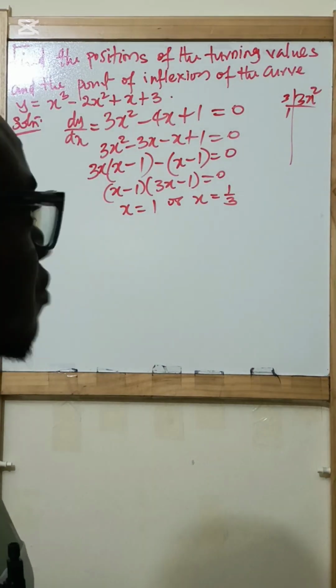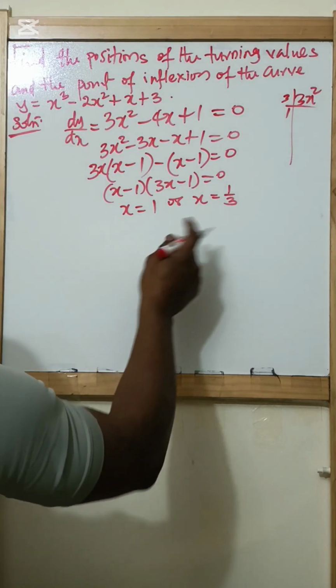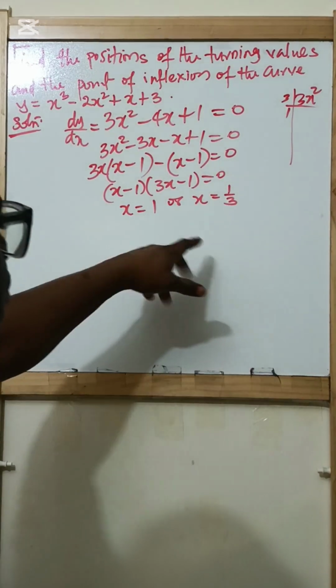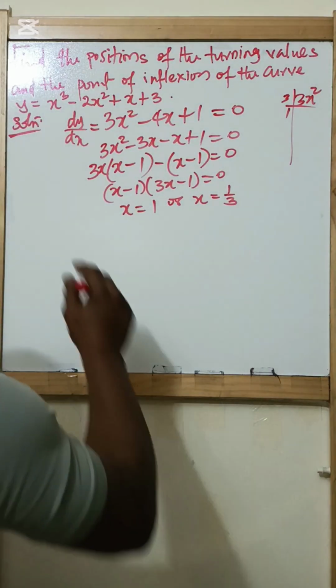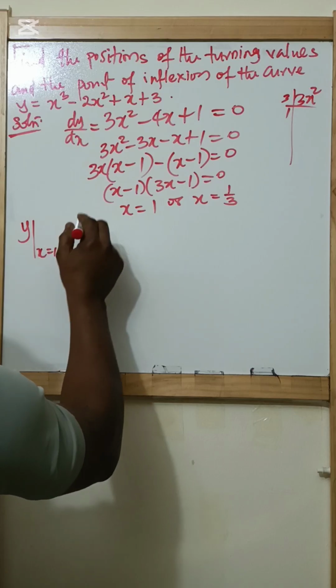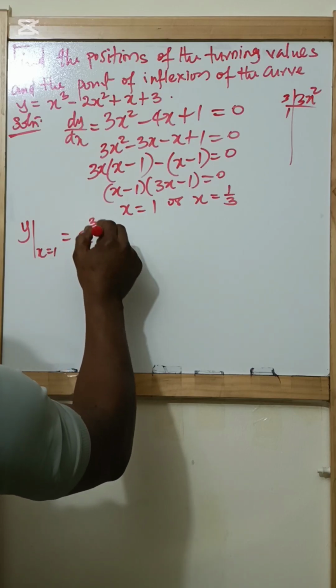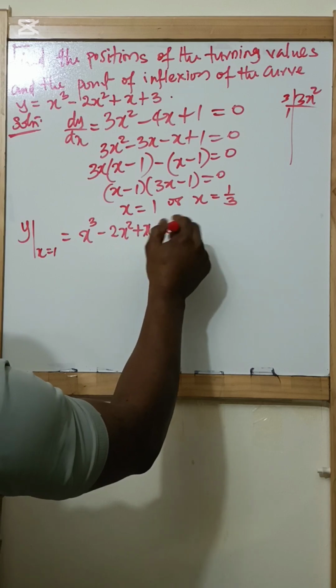So we'll now find the turning values, and that is obtained by substituting the turning point into the curve. So y, when x is equal to 1, is x cubed minus 2x squared plus x plus 3.